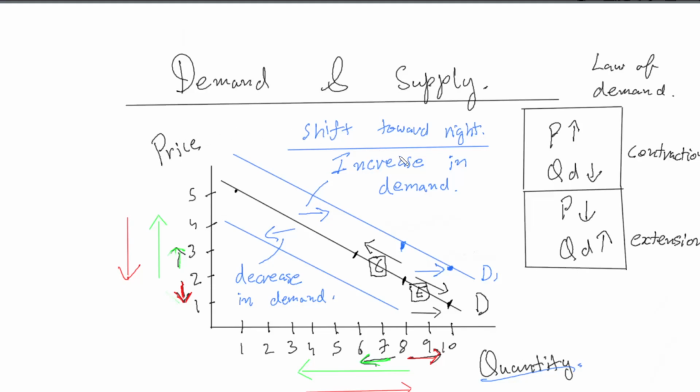And throughout this diagram, when we draw a downward sloping demand curve, throughout our depiction of the schedule in the form of diagram, we're assuming that all other factors are held constant. This is called ceteris paribus assumption. Please learn this as well.